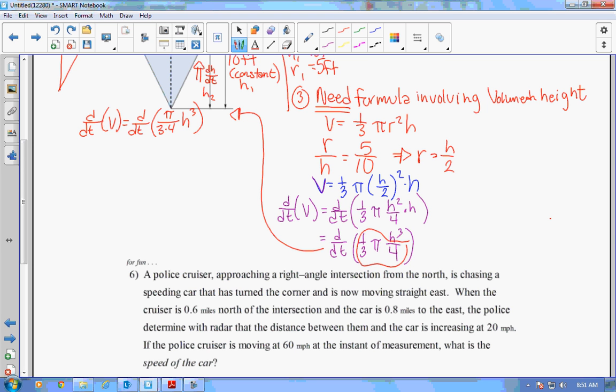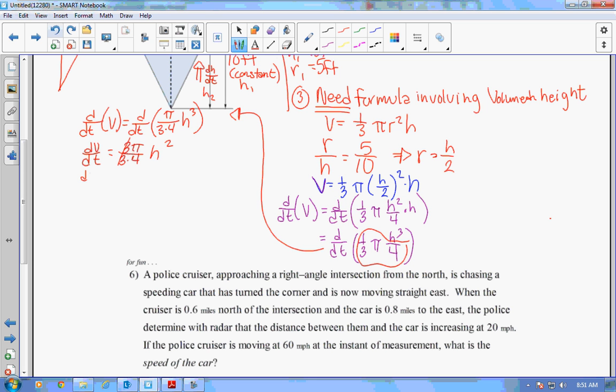Now if we do the power rule, I get dV/dt equals power rule. I bring down my 3, and it will cancel out. You can change that to a 4 if you want, or to 12 if you want, you'll just have to simplify. Decrease the exponent on the h to 2. My 3's cancel.